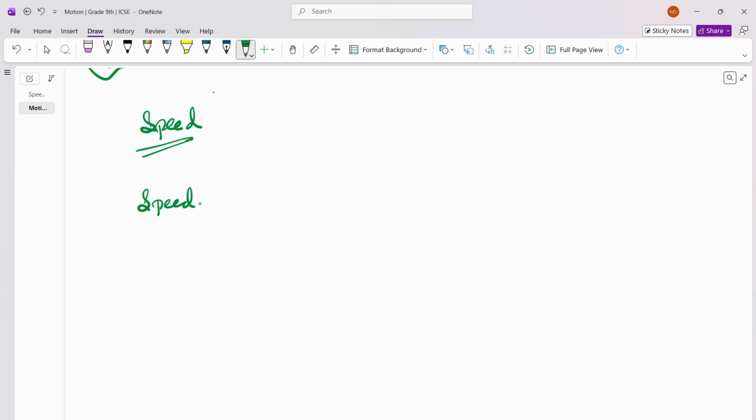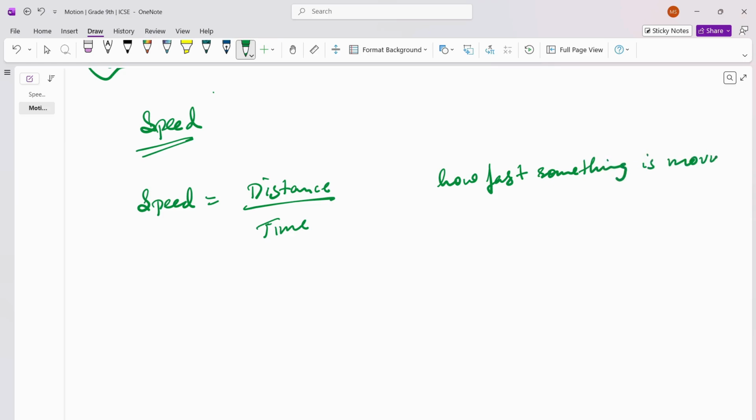Speed is nothing but distance by time, or in other words, the amount of distance covered in a certain amount of time, or the amount of distance covered per unit time. Okay, and what does speed tell us? It tells us how fast something is moving.